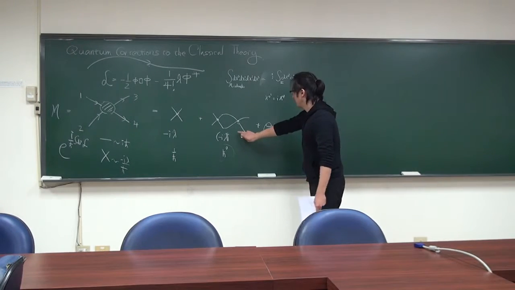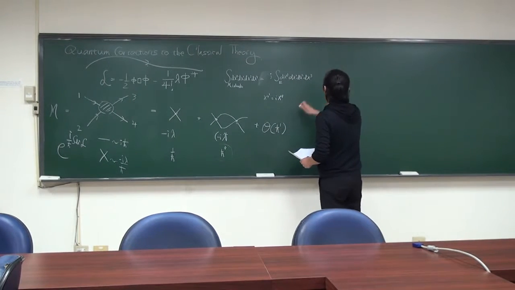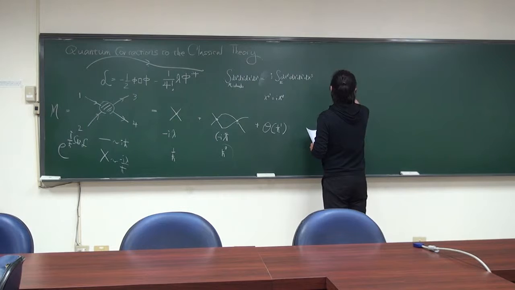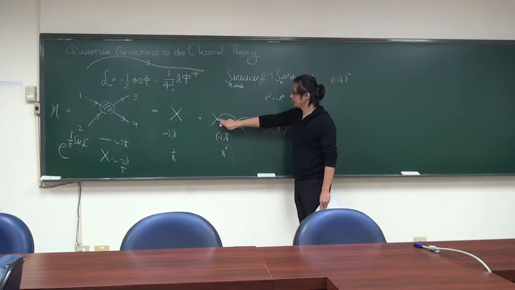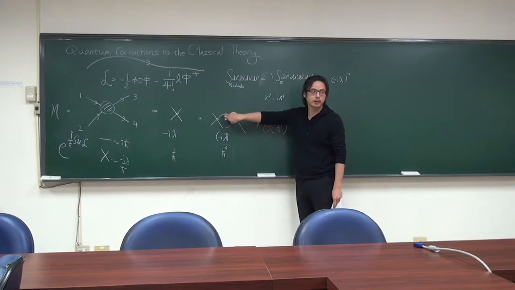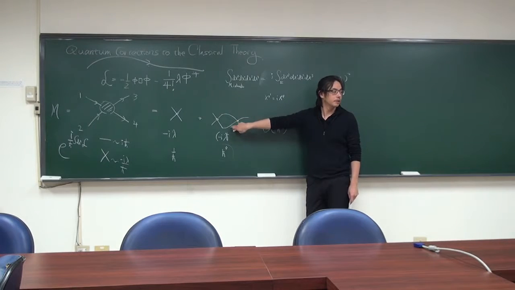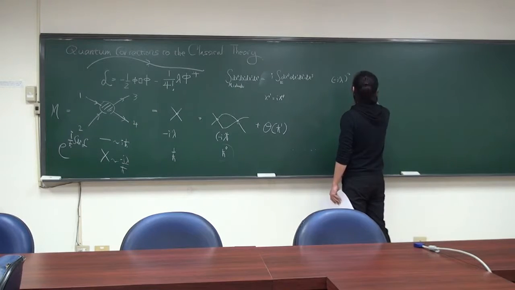All right, so let me just compute what this diagram is. So this diagram is minus i lambda squared. The vertex factor just gives you minus i lambda to the square power, and the only thing relevant here is just two propagators. So this diagram just contains two propagators.